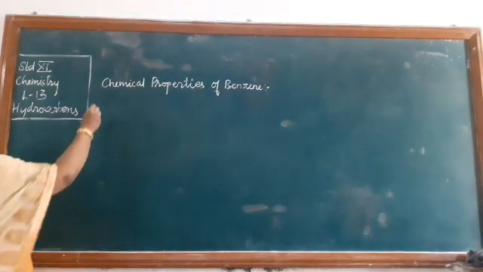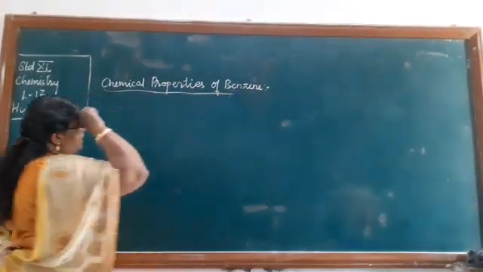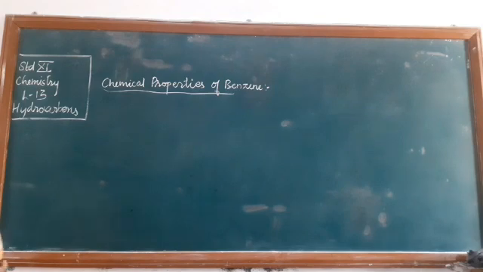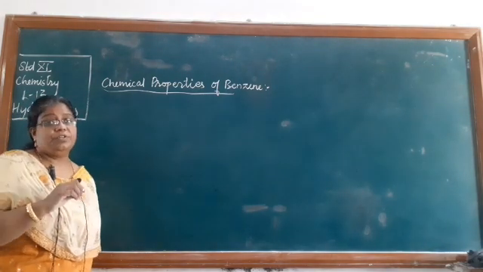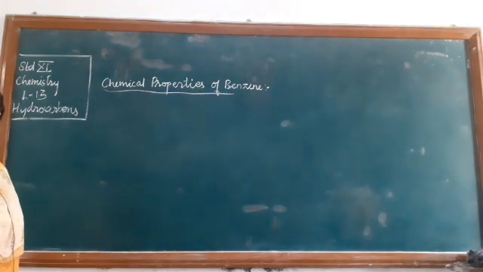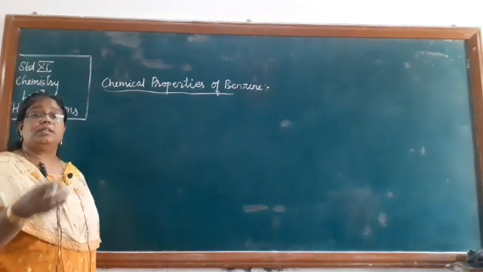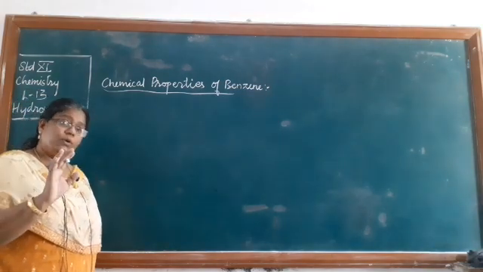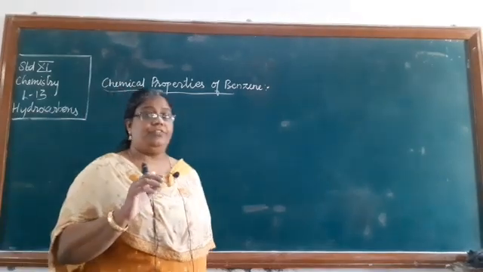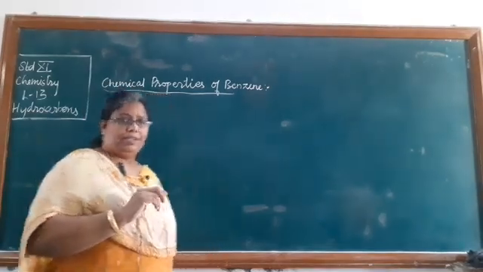Benzene undergoes various chemical reactions. One of them is that it undergoes electrophilic substitution reaction. That means an electrophile is not added, rather it is substituted for the hydrogen of the benzene ring.